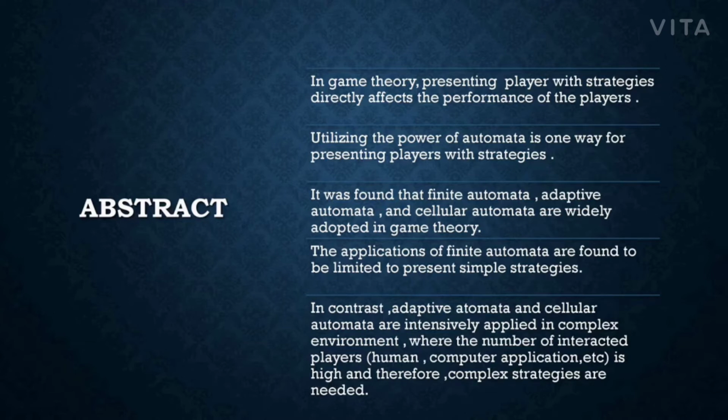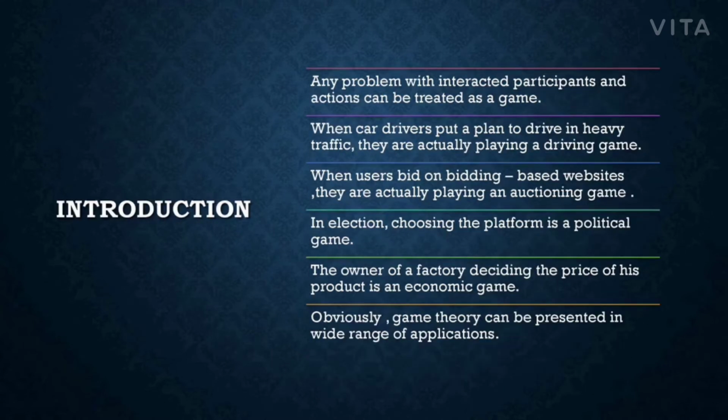When users bid on bidding-based websites, they are actually playing an auction game. In an election, choosing the platform is a political game. The owner of a factory deciding the price of his product is an economic game. Obviously, game theory can be represented in a wide range of applications.